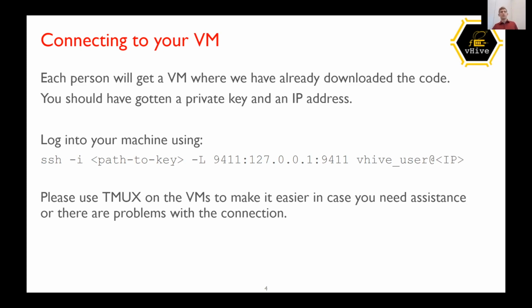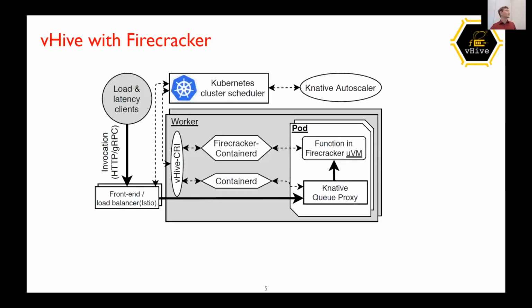All right. Then first I'll have a quick look again at what Firecracker looks like. This should be somewhat familiar to you. You can see that on one worker, in the middle of the graph, you have the vHive CRI, which is the container runtime interface, which manages the worker. The CRI is basically a unified interface for the control plane to interact with.